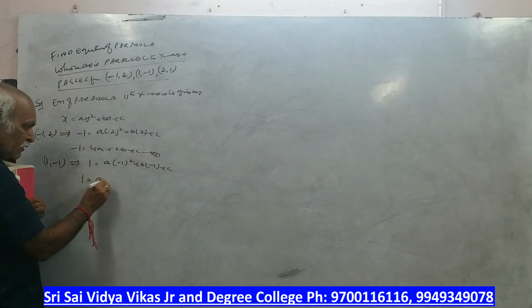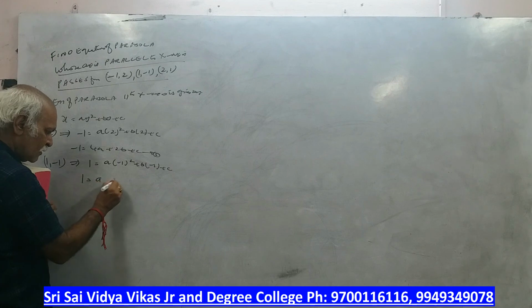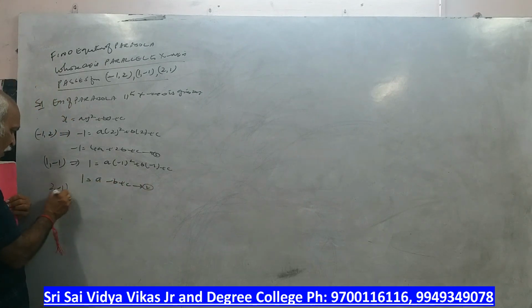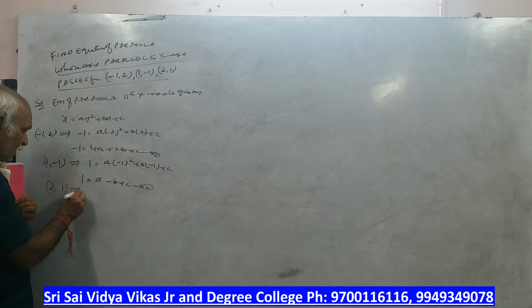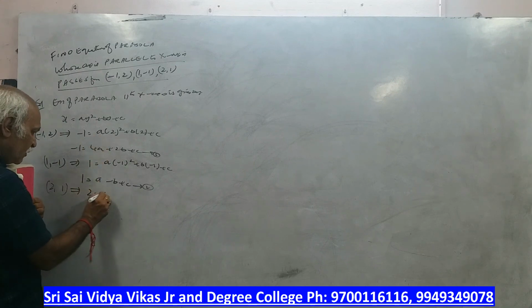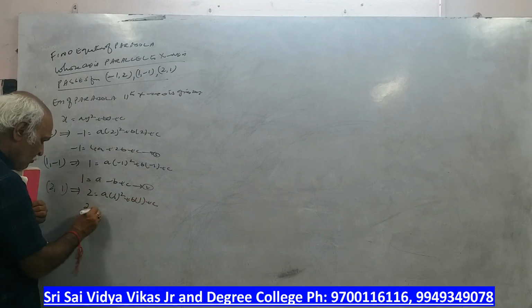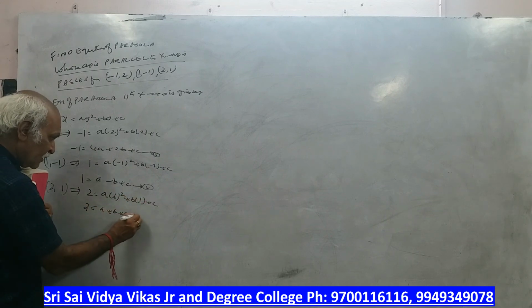So 1 is equal to a minus b plus c. Second equation. What is the third point? 2 comma 1. So what will happen? X value is 2, a into 1 square plus b into 1 plus c. 2 is equal to a plus b plus c. Third equation.